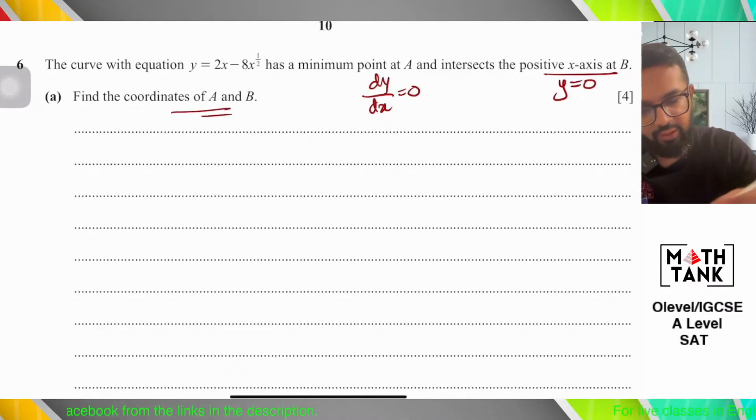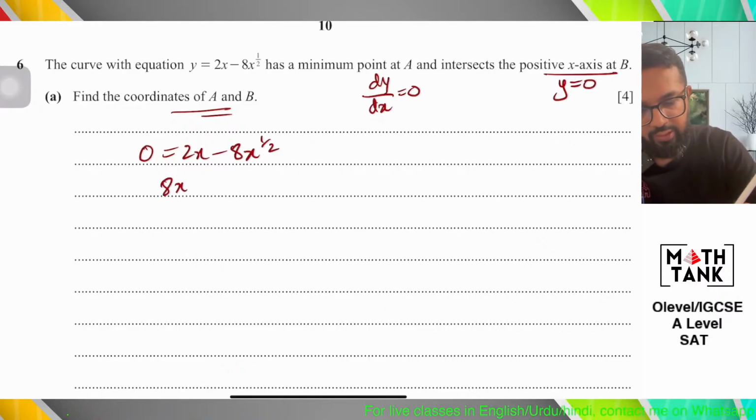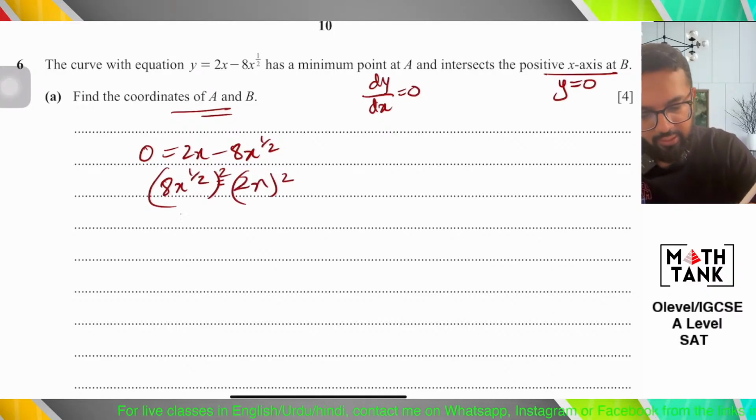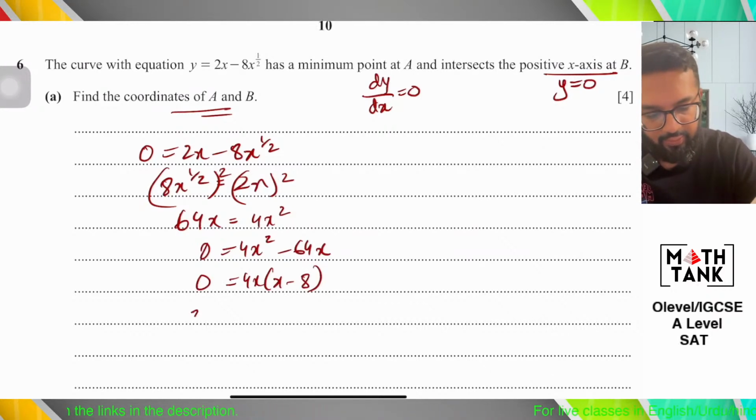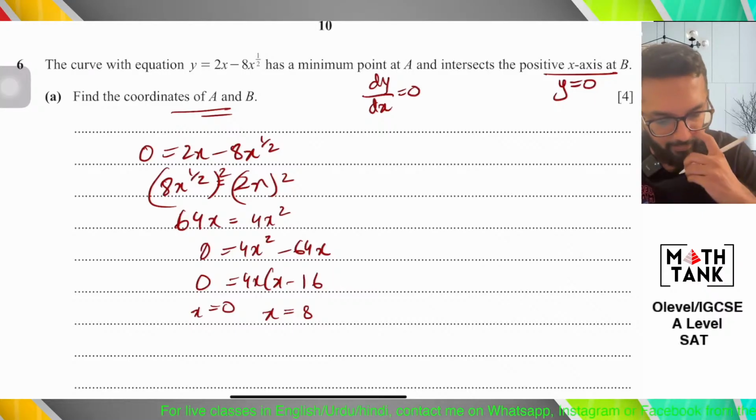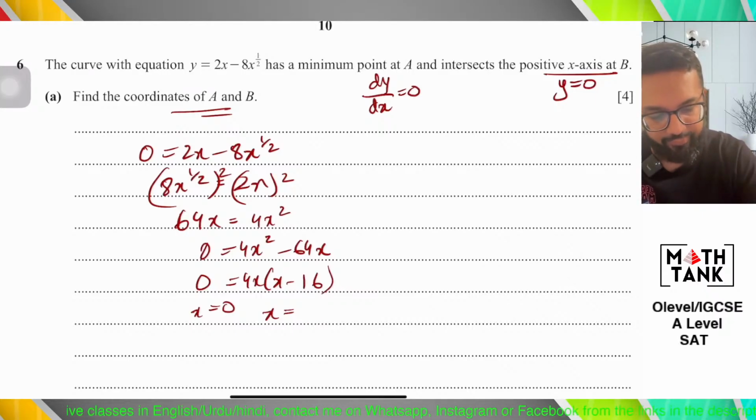Find the coordinates of A and B. Y is 0, do that first. 8x to the power half equals 2x, you square both sides, and you get 64x equals 4x squared, minus 4x. No, sorry, not 8 or 64. 16.